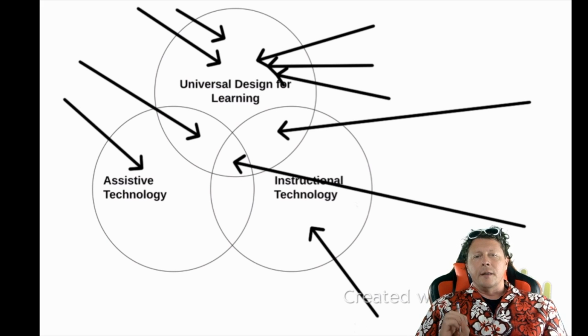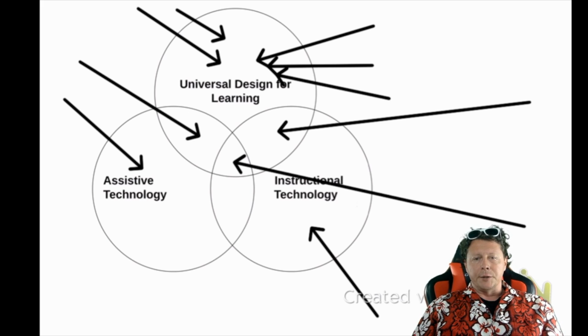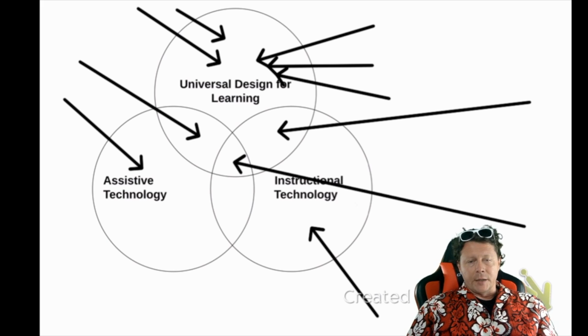Design lessons that engage your students, that use a broad mix of technology, that support Universal Design for Learning and multiple means of representation, action and expression, and multiple means of engagement.